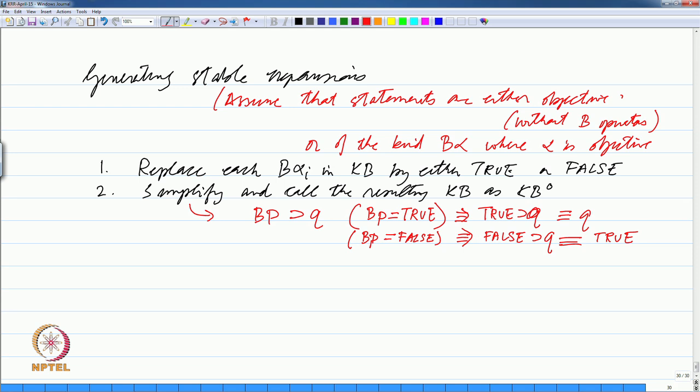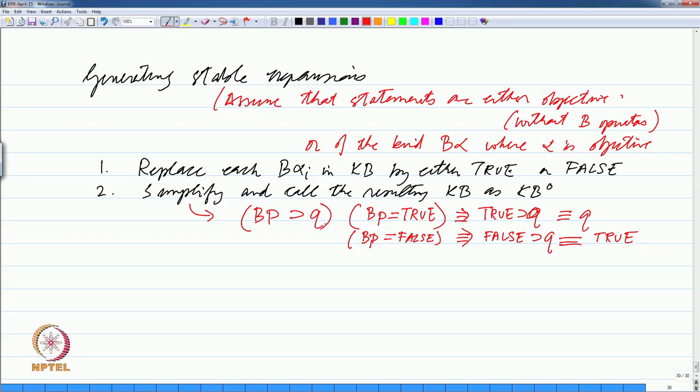So, it is basically like adding a truth to the knowledge base, which is meaningless. So, that statement vanishes. So, we have a statement of the kind B p implies q. If we choose B p to be true, then it simplifies to q. If we choose B p to be false, then the sentence just vanishes, because it is replaced by true essentially. So, that is what we mean by simplify.